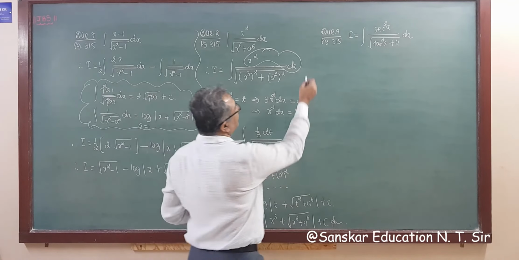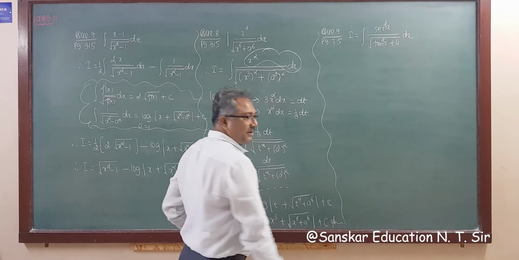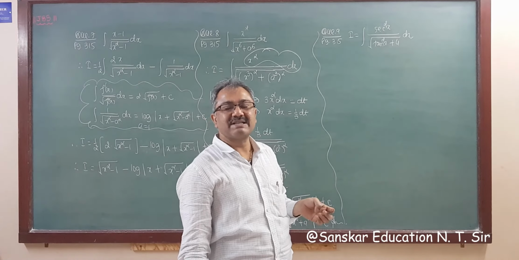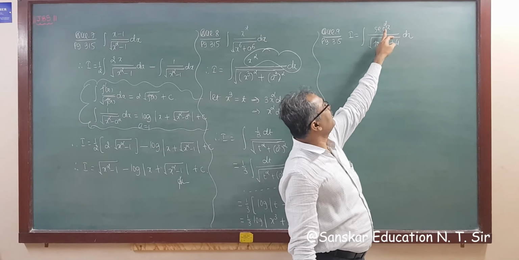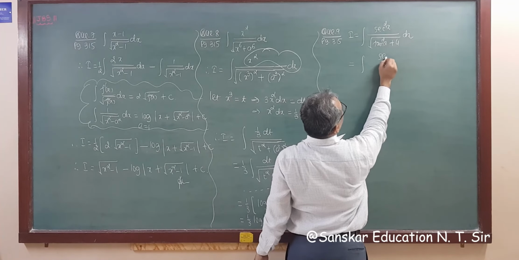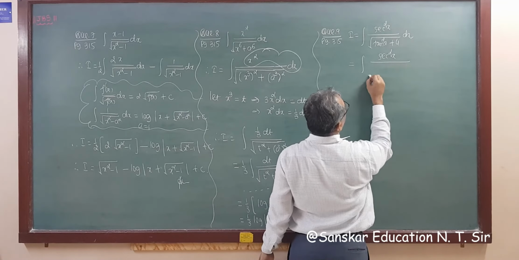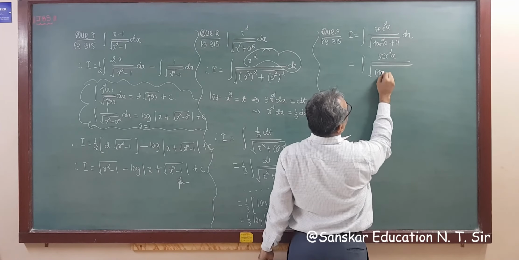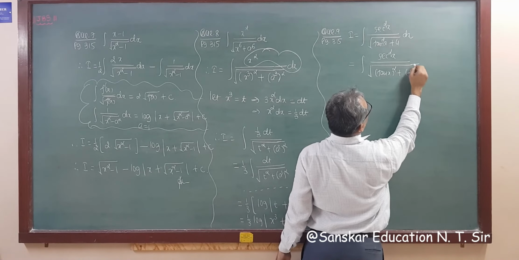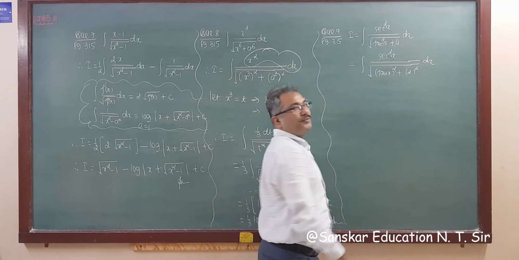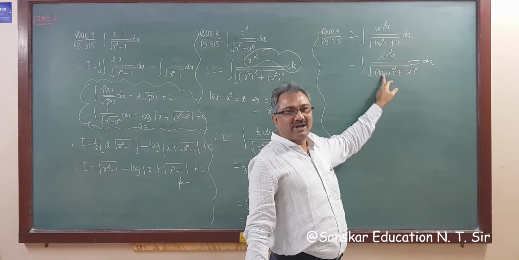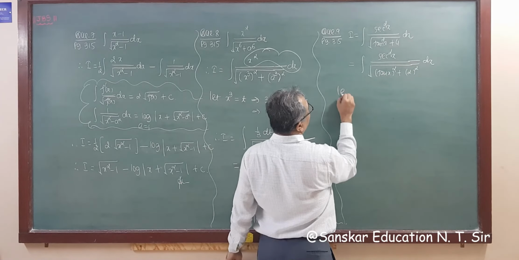And the last question, that is question number 9, right, is sec square x upon root tan square x plus 4. Now the derivative of tan x is sec square x, so I am writing this integration sec square x whole upon square root of tan x whole square plus 2 square, and dx. So assuming this is new, never assume for a constant, that you know. So the variable is tan x. So let tan x is equal to t.